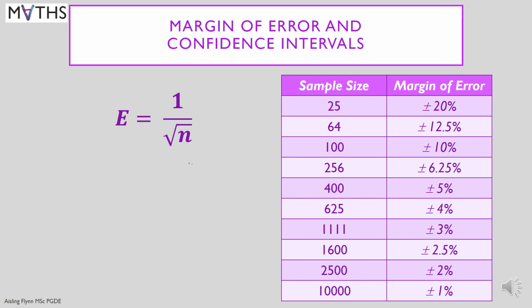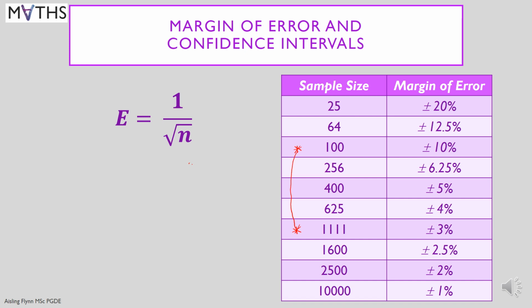Now in reality, in businesses or in marketing, 100 would be seen as the minimum useful sample size, and up to about 1,000 would be deemed enough. If your sample size is too large, it starts to cost a company too much to run a survey, and it becomes impractical.